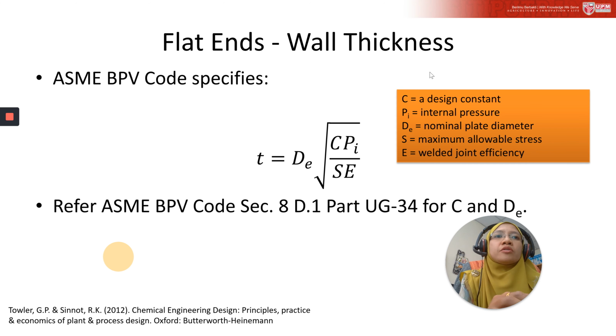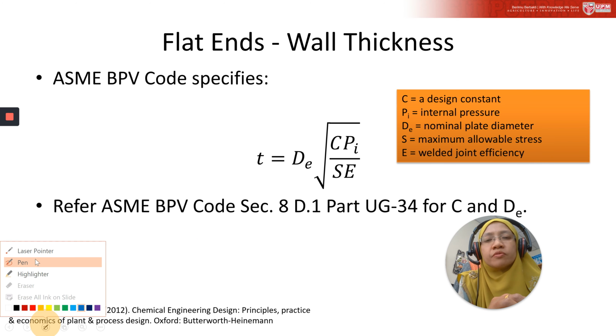So this is the equation being used to define the wall thickness for flat ends. This is the minimum wall thickness.